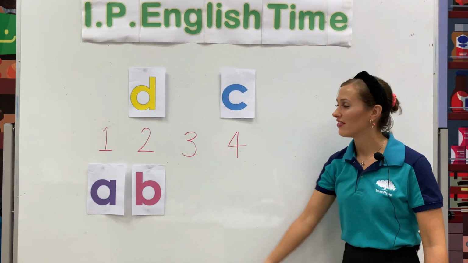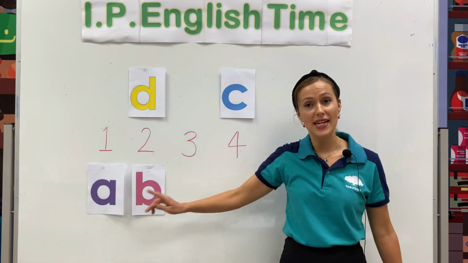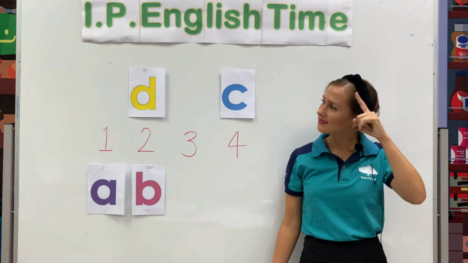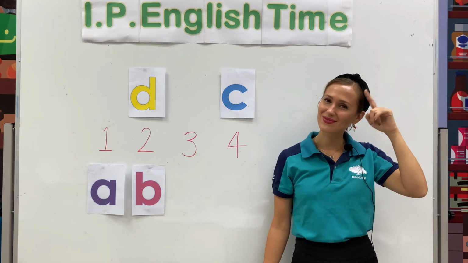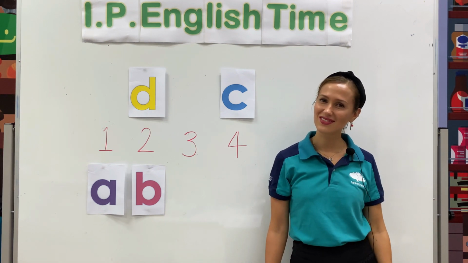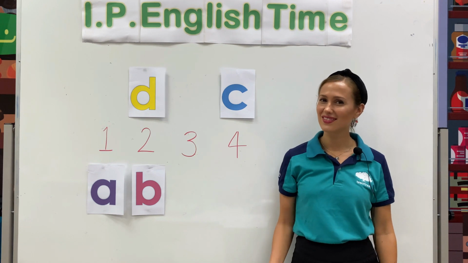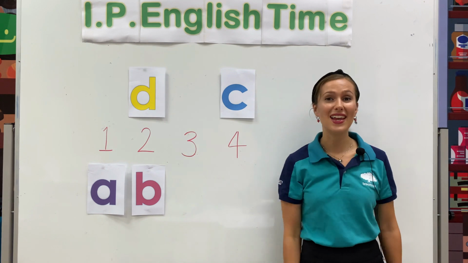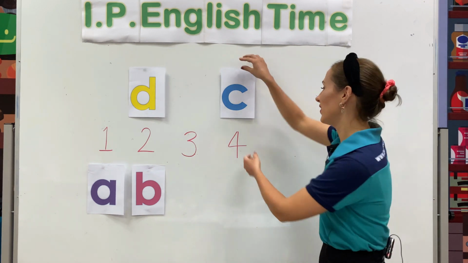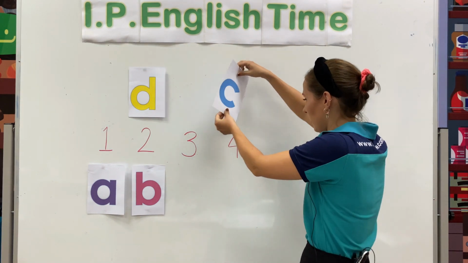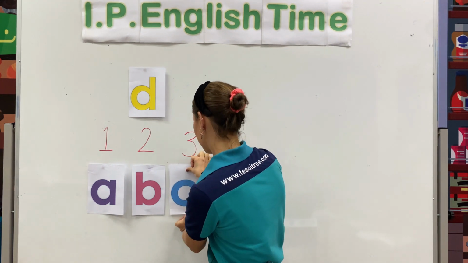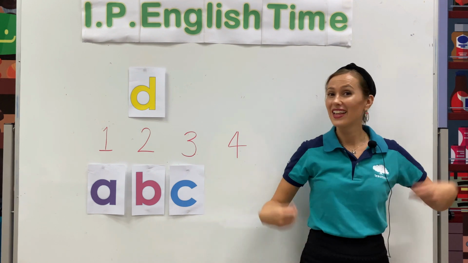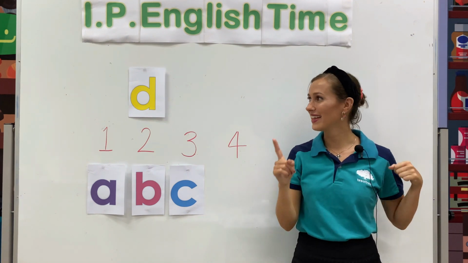Okay, now we have A, B. What letter is next? Yes, letter C. Letter C is the next letter. Okay, let's put it at number 3. Now we only have one letter left.